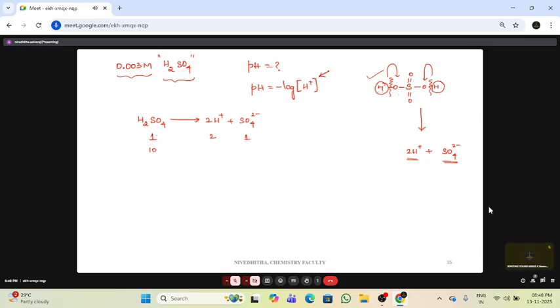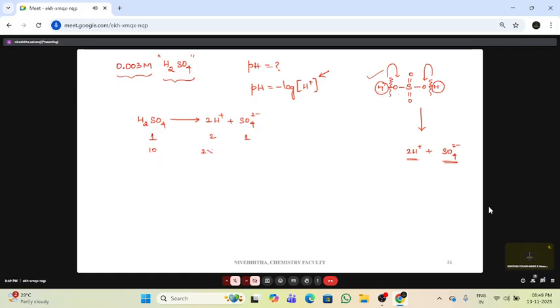One sulfuric acid gave us 2 H plus ions. So 10 sulfuric acid molecules will give how many H plus ions? 20, ma'am. Very good, it is 20. One molecule gave us 2 H plus ions, 2 molecules will give 4 H plus ions, so 10 molecules will give 20 H plus ions.